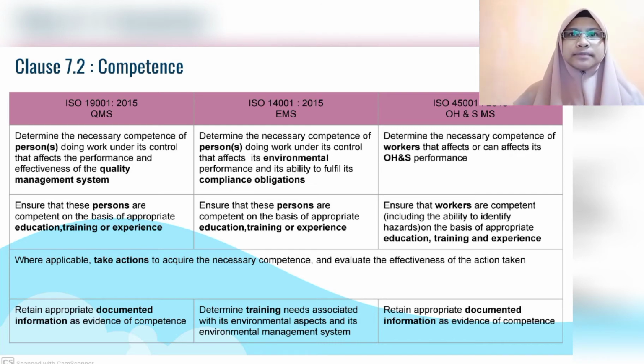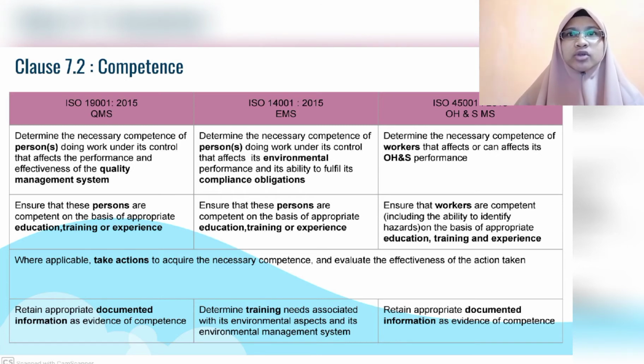The second is the organization also needs to ensure that these persons or workers are competent on the basis of appropriate education, training, or experience. The third is, where applicable, the organization shall take action to acquire the necessary competence and evaluate the effectiveness of the action taken.